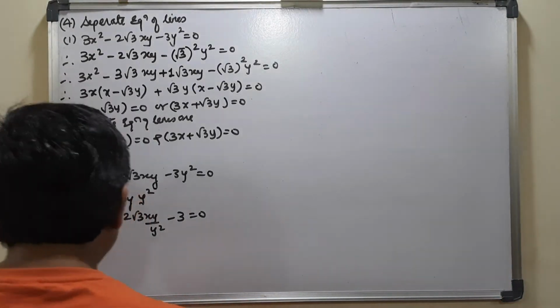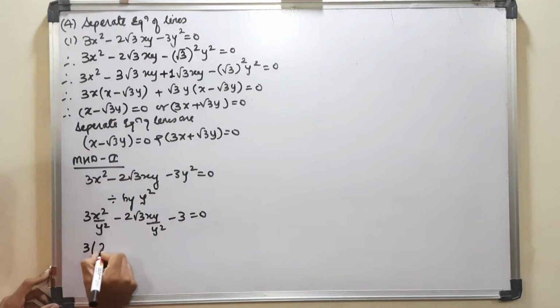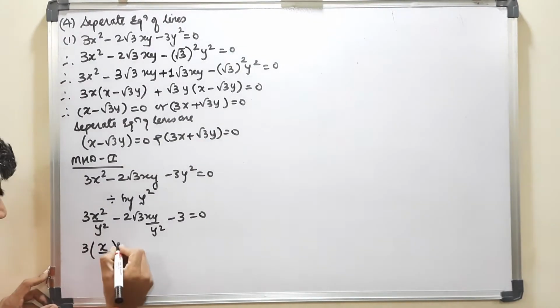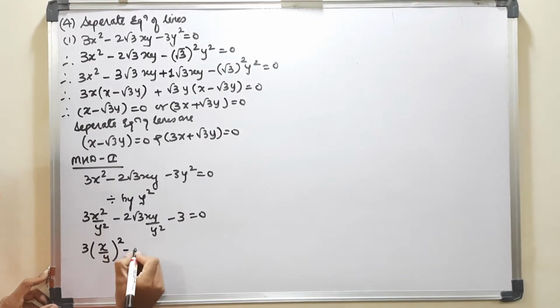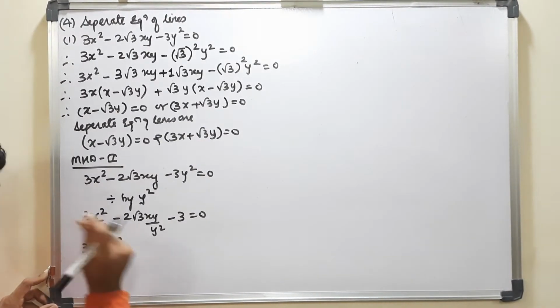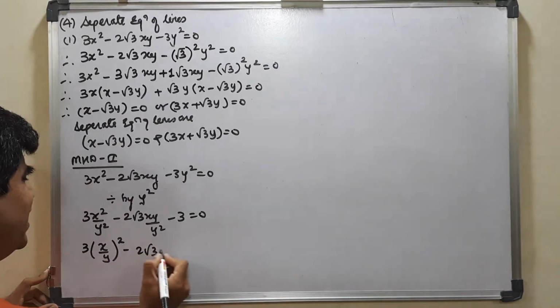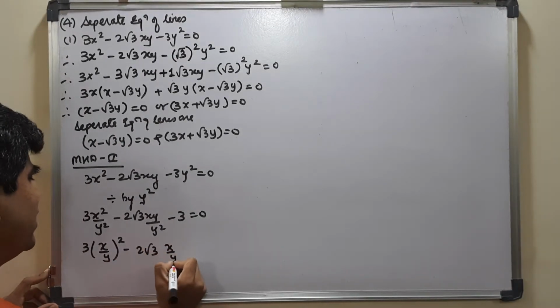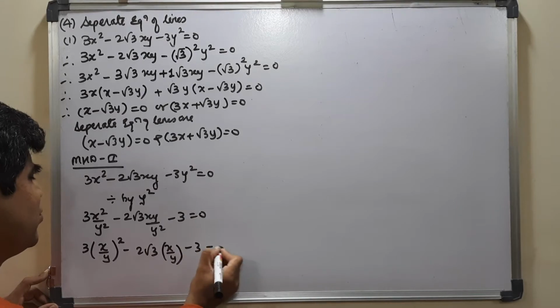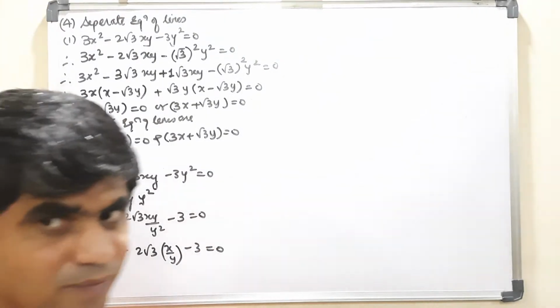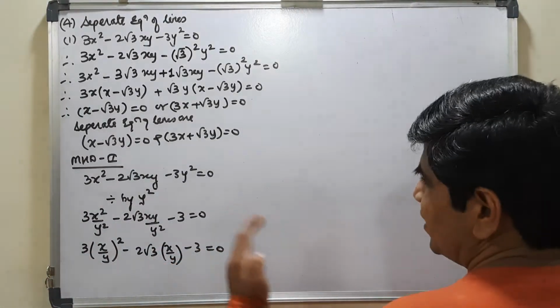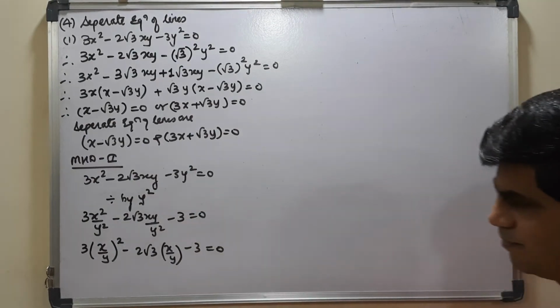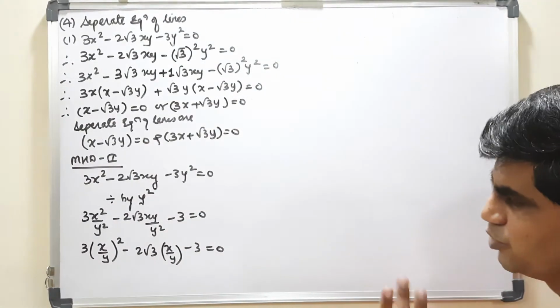Because what I get here is 3 into x by y the whole square, minus 2 root 3, the y cancels, x by y, minus 3 is equal to 0. Since I wanted this in this formula, that is why I divided by y square. Actually I need to divide by x square, but I don't want to create any confusion right now.